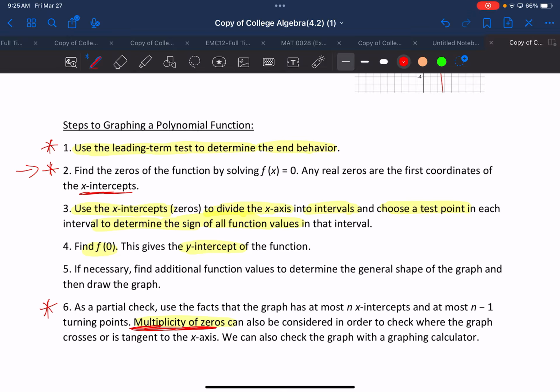And then after you find the intercepts, the next thing you should do is determine the multiplicity of those intercepts. Are they crossing or bouncing? Because that's what we learned that multiplicity teaches us. And those 3 things will really give you a general shape of your graph.